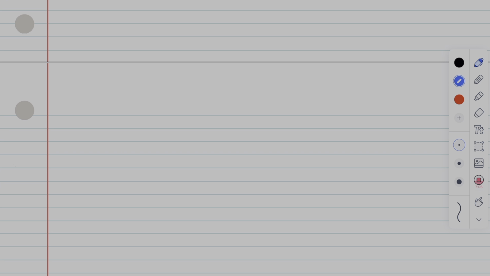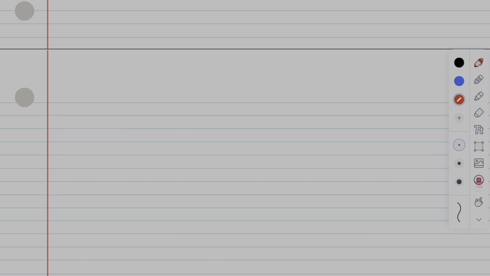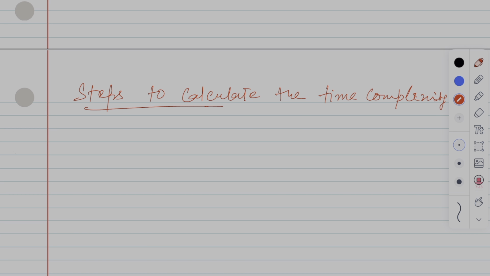So I will write it down. Steps to calculate the time complexity. Okay. So step number one is find the total number of iterations.